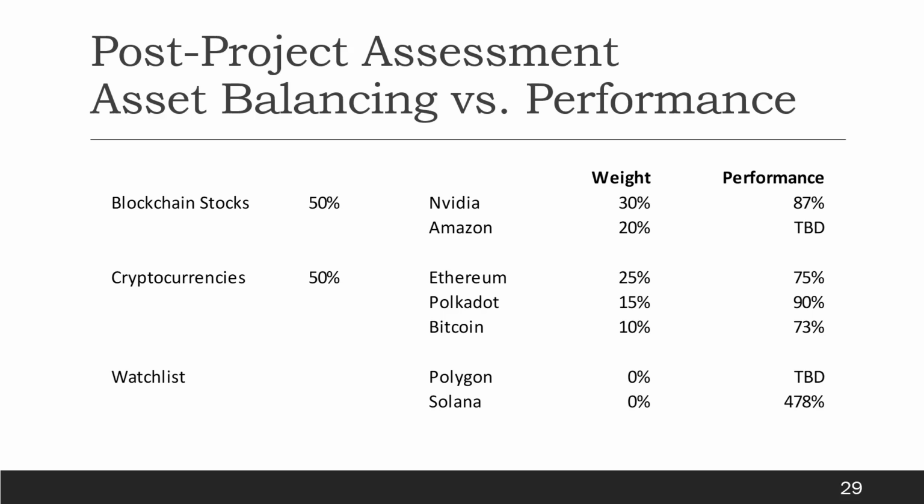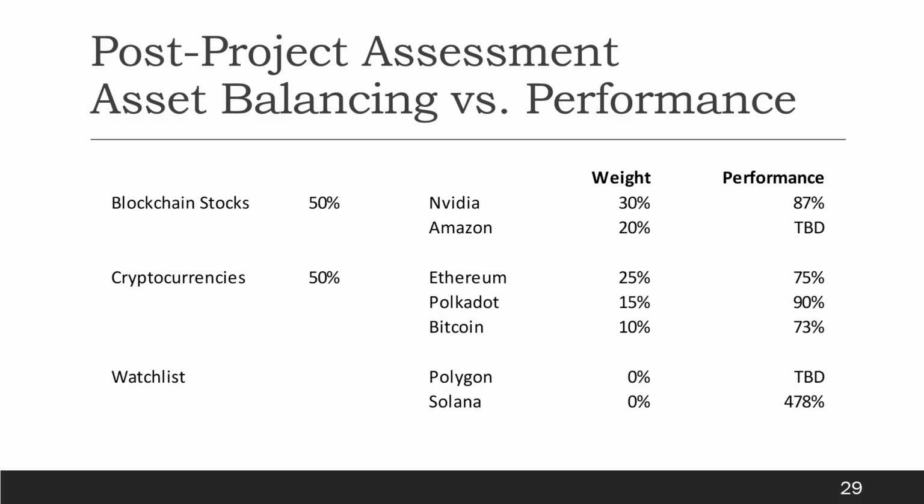The results tell me we could have gone with a 60% cryptocurrencies, 40% blockchain stocks ratio, and we could have excluded Amazon for not sufficiently fitting the definition of a blockchain stock. Polkadot could have been weighted 5% higher. The selection process did not show Polkadot to be of higher quality and safer than Ethereum. So I do not see Polkadot having a higher weight than Ethereum in this assessment.